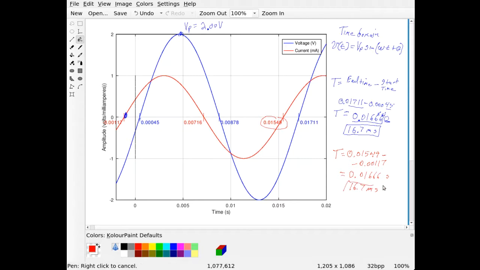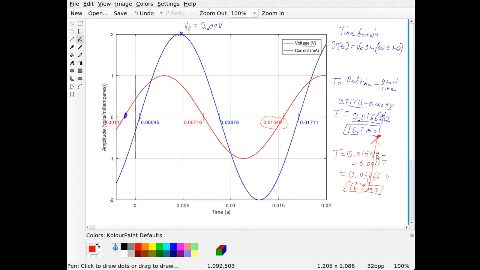Okay, so now remember that voltage is what drives or pushes the current. The voltage is that potential difference that pushes those electrons to move. So when you calculate the frequency or the period for a voltage waveform and a current waveform, where the current waveform is being driven by the voltage waveform, these must be the same.